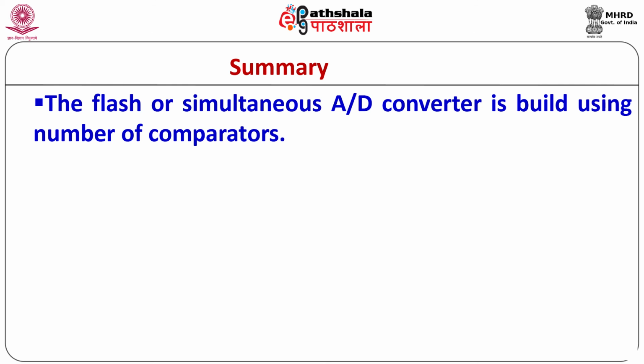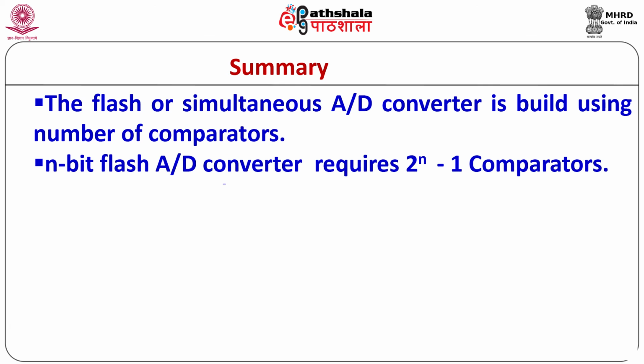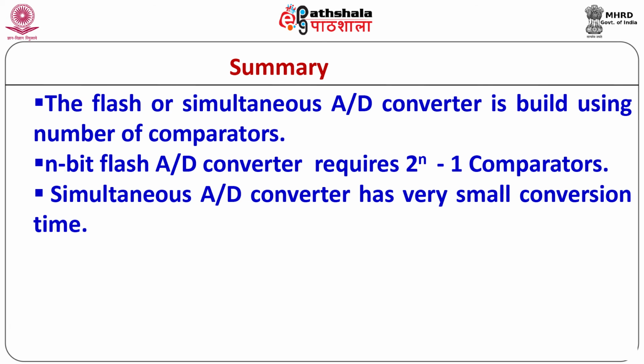It is found that this method is very fast, conversion time is small, and that is the strongest advantage of the parallel comparator type ADC. However, for an n-bit flash AD converter, we require 2 raised to n minus 1 comparators, which increases cost and the power consumption of the parallel comparator type ADC.